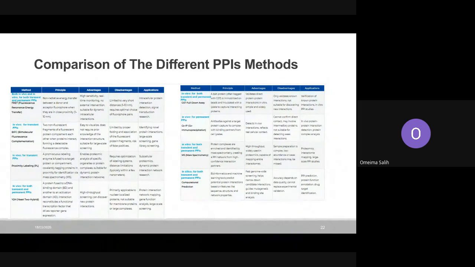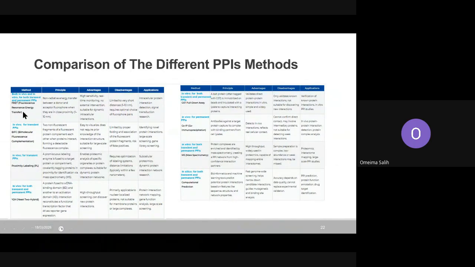You need to know this table very well, because this is the base of the different methods. Actually, this is the summary. That's what you need to know about the different methods.